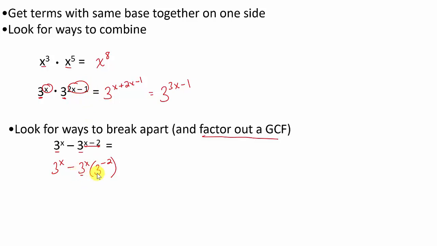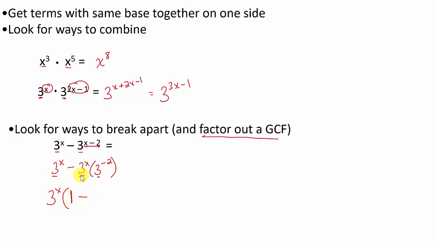Since I've broken this apart, I now have a 3 to the power of x here and a 3 to the power of x here, so I could take a 3 to the power of x out as a greatest common factor. When I do, I have 1 left here, because if I multiply back in, I have to come out with what I had up here. So make sure you don't forget that this is a 1.